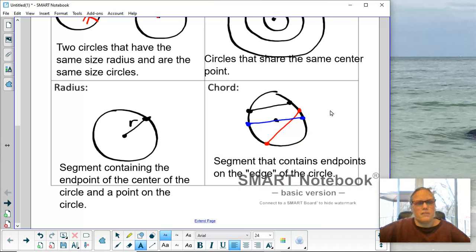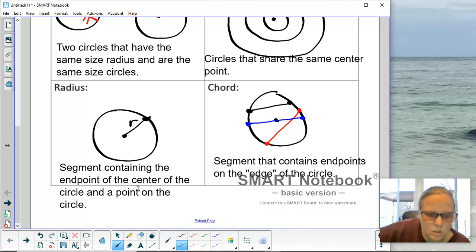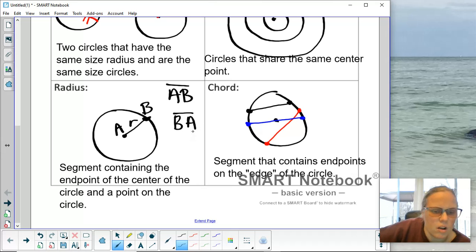Now, because we have segments for our radius and our chord, if we were to name those, we would use the 2 capital letters. So let's say I called this segment AB. And I would smash those 2 capital letters together and do the segment bar. Remember, segments can be reversed as well, so I could call this BA. For the chord, we're going to do the same thing.